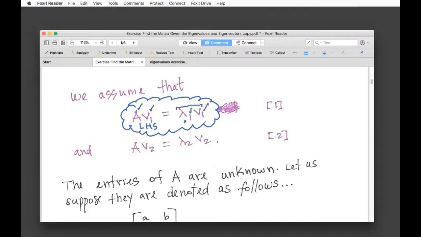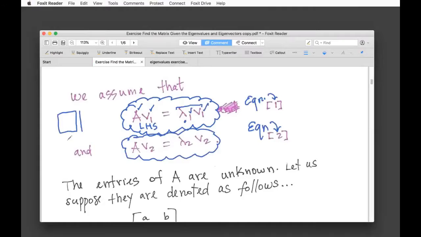These two equations, this would be equation 1, and this here equation 2, both look like a square matrix times a column on the left-hand side, and a scalar times a column on the right-hand side. So they're both vector equations: on the left-hand side we have a vector, and on the right-hand side we also have a vector.